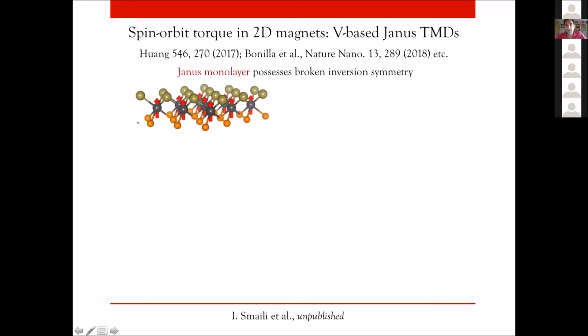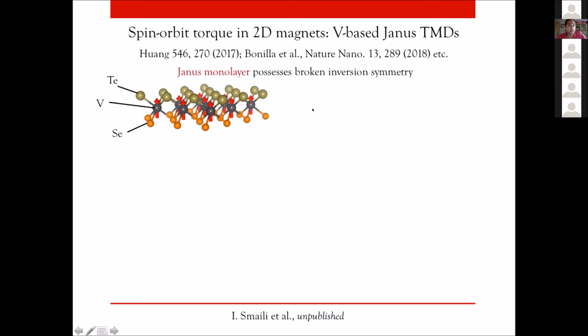The kind of system we have is vanadium here, and we have chalcogens on each side. Experimentally, what you can get is vanadium diselenide, vanadium disulfide, and so on. What has been shown at my previous university, KAUST, is that it's possible to desymmetrize this kind of two-dimensional system and replace one chalcogen by another.